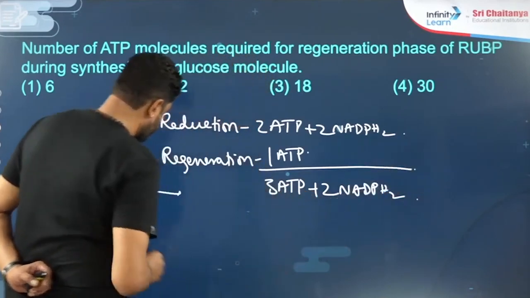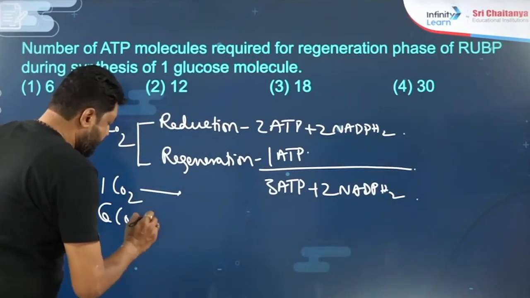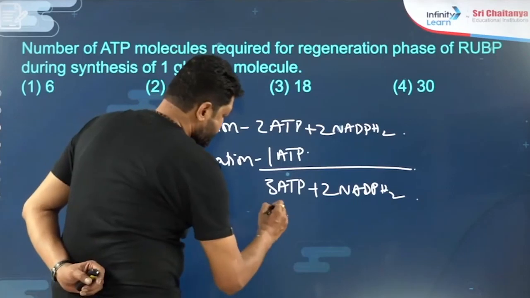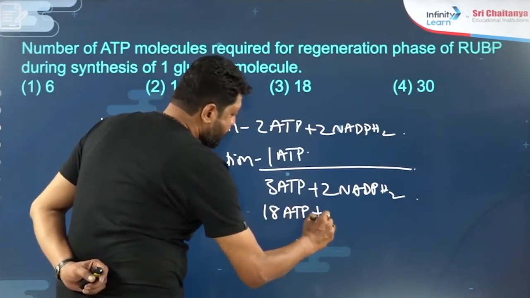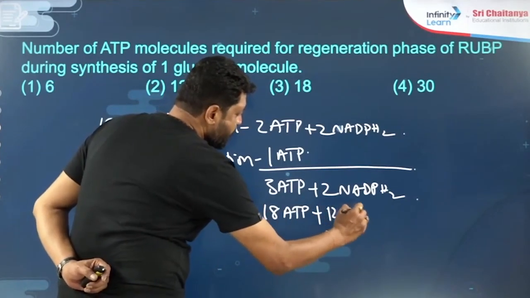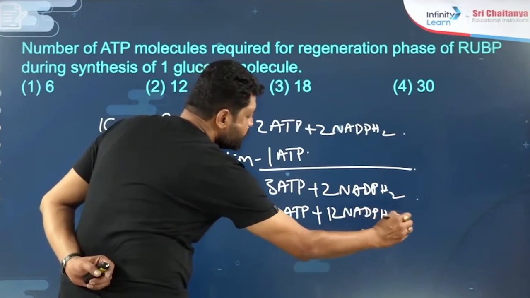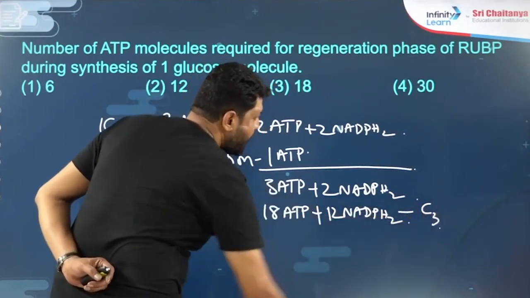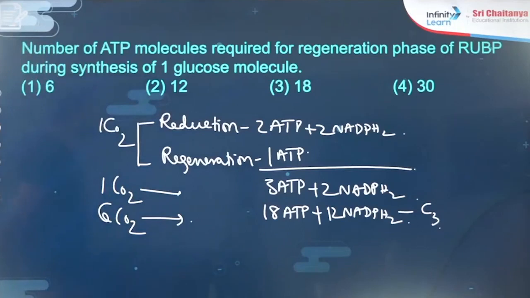For 6 CO2 molecules, 6 threes are 18 ATP plus 12 NADPH2 is required in C3 plants for reduction of 6 CO2 into 1 glucose.